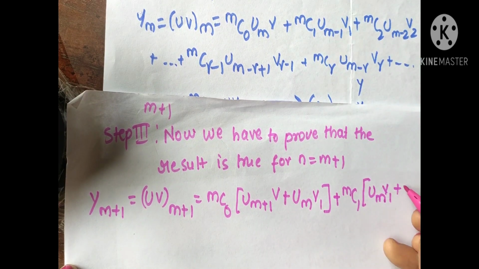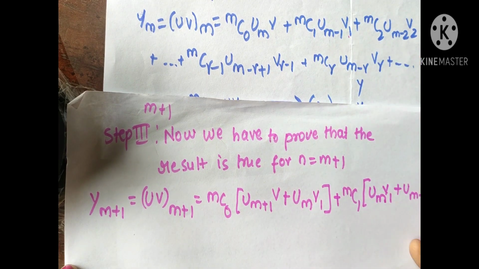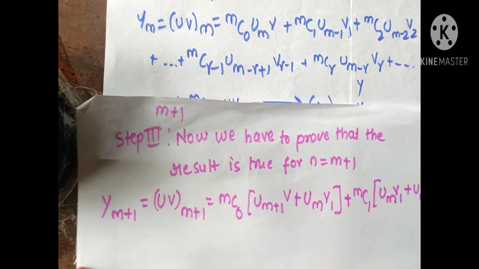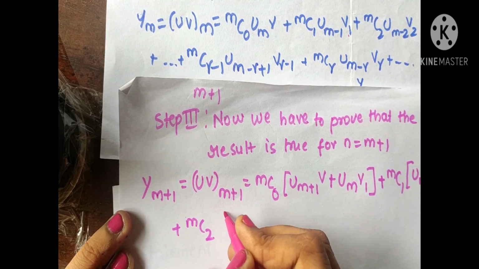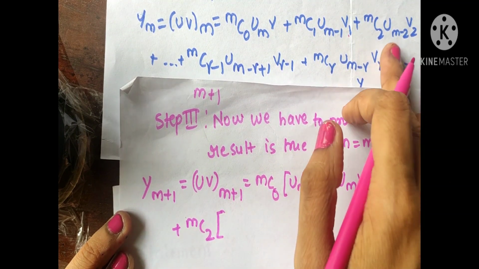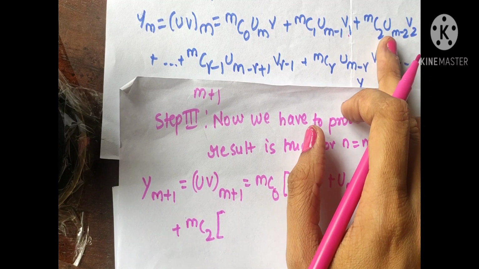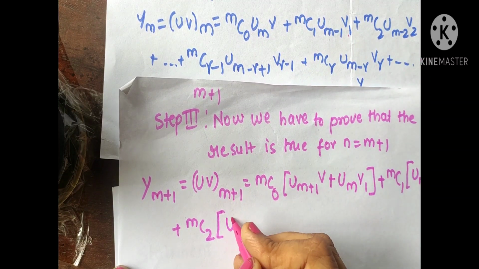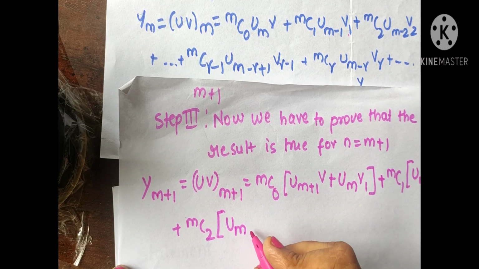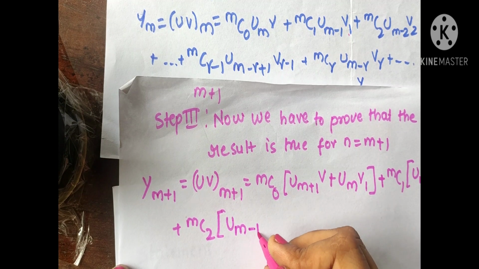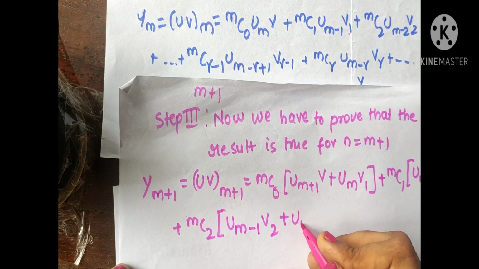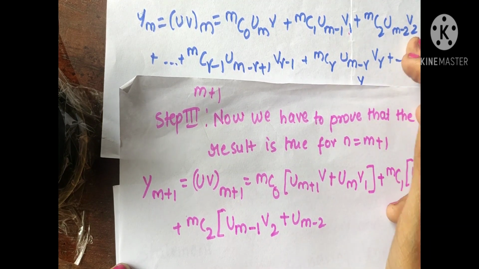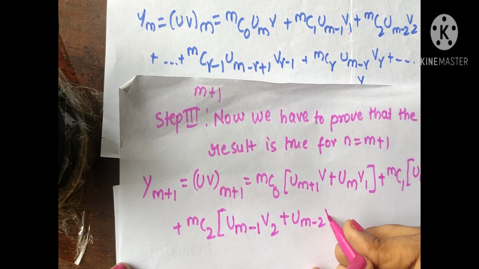Then again keeping um minus 1 as it is, and differentiation of v1 is what? It is v2. Similarly keeping mc2 as it is, means it is a common term. So differentiation of um minus 2 is um minus 1 v2 plus um minus 2 as it is, differentiation of v2 is v3.